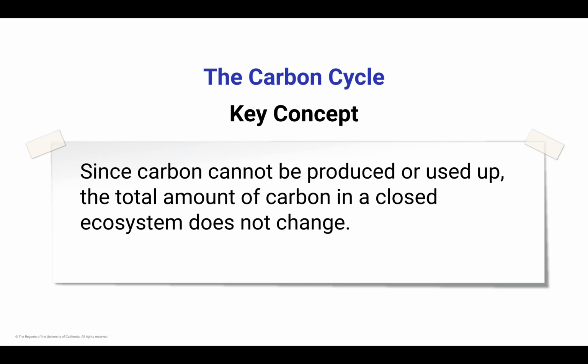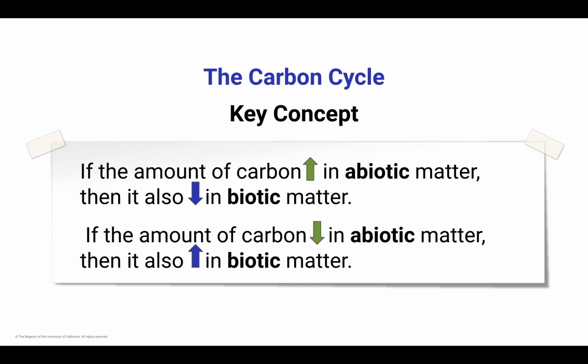That's why it was so important that you all understood this biodome is sealed tight. There are no leaks. It is a closed ecosystem. So again, since the carbon cannot be produced or used up, the total amount of carbon in a closed ecosystem does not change.